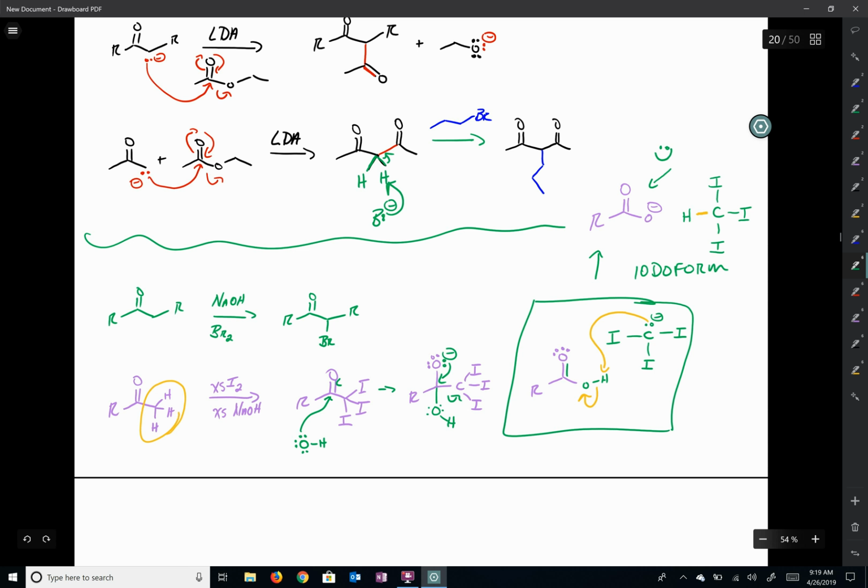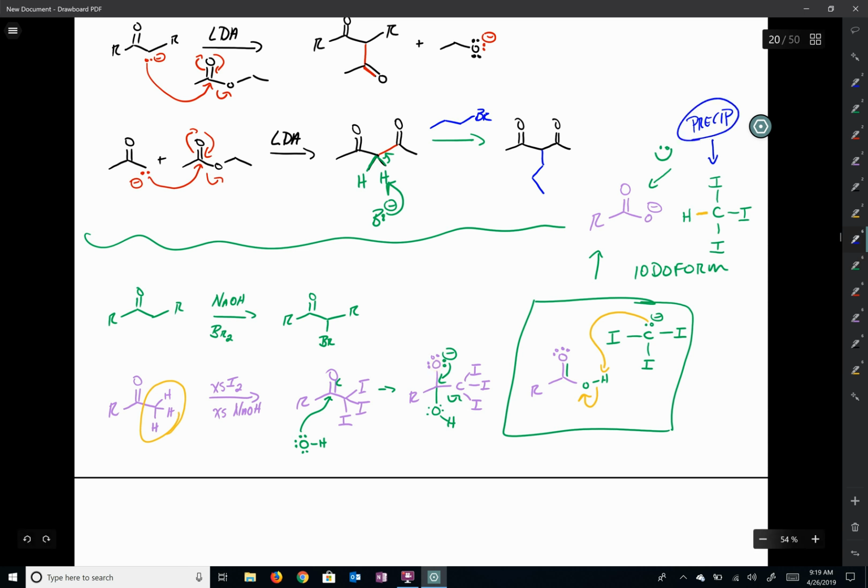And then the other thing that happens is we typically run these in aqueous solutions or aqueous mixtures of solvents. And iodoform here, remember, we have chloroform, bromoform, iodoform, it precipitates out of solution.